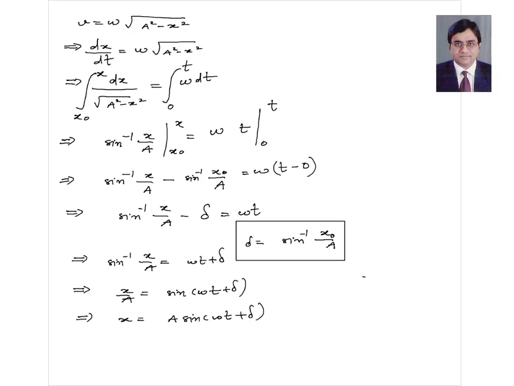But at this point, I will have to use spring analogy to talk about maximum speed. So think of the mean position where x is 0, so spring has no potential energy stored in it. All energy is kinetic energy.